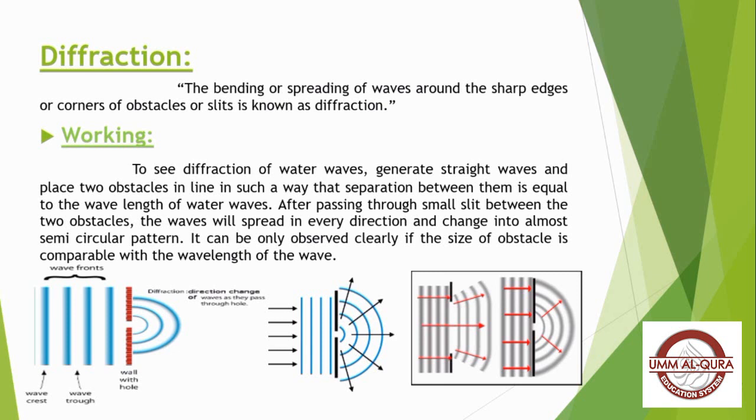From the third figure we can conclude that when the slit has a larger area, then the wave fronts will also have a regular pattern, and when the slit is very small, then the path of the waves will be circular, which is called a semicircle.